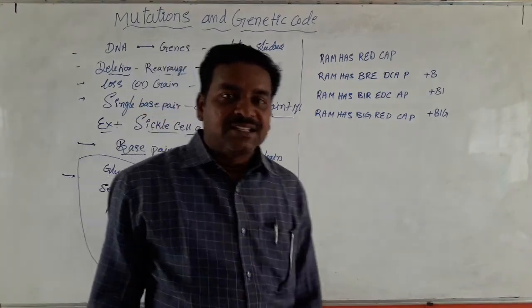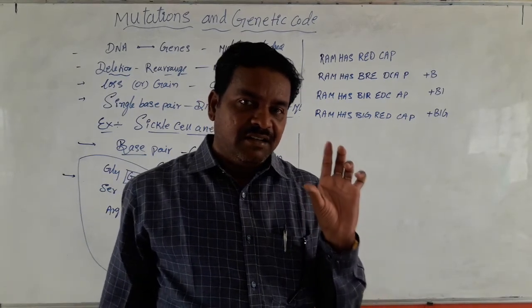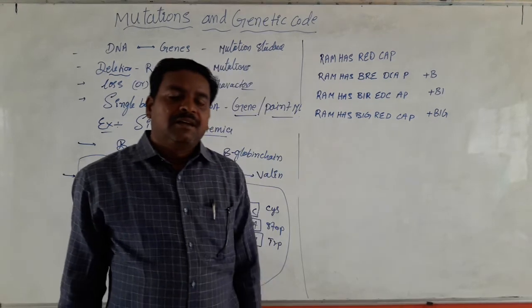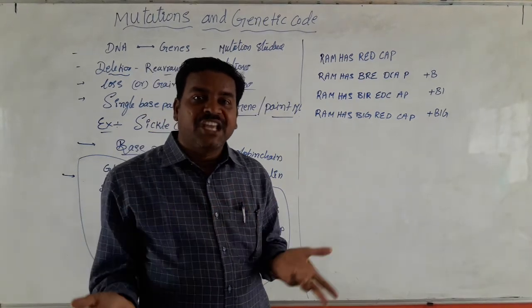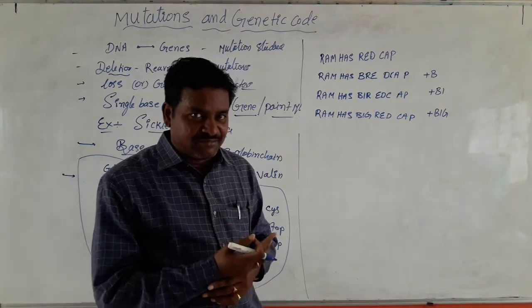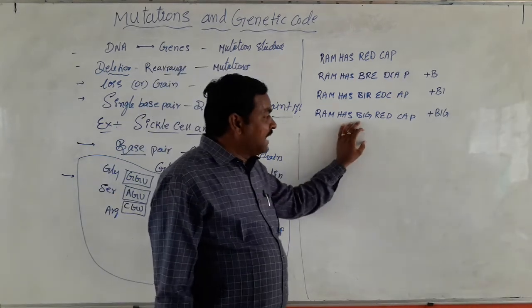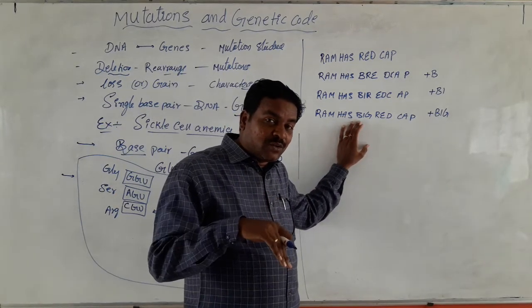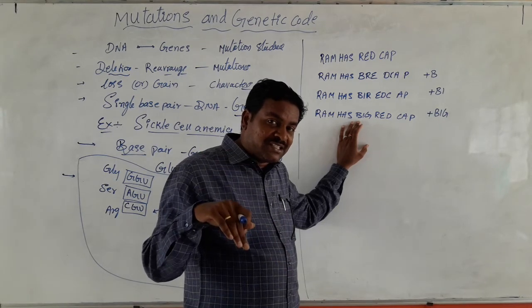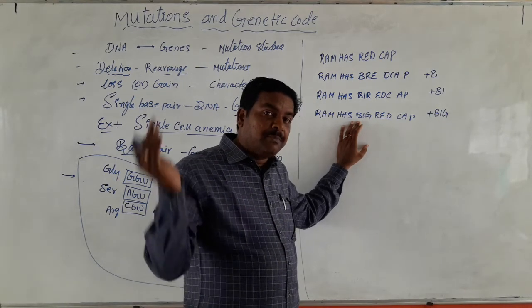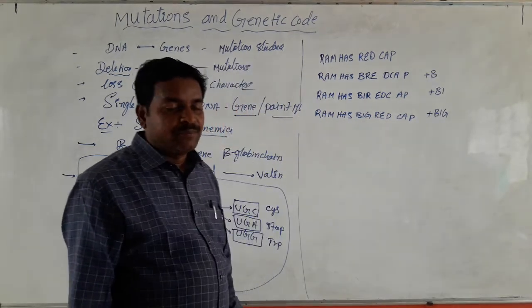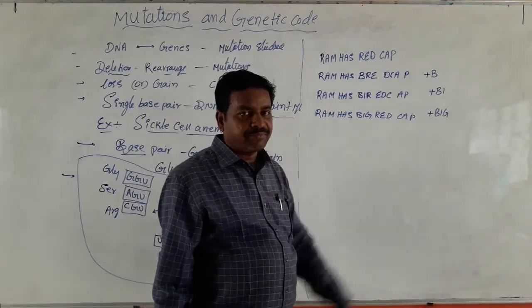When three letters are inserted in between the codons, the reading frame will not change or rearrange, but one additional codon is inserted. This additional codon recognizes one amino acid. One additional amino acid is also inserted in the polypeptide chain. No change in reading frame.